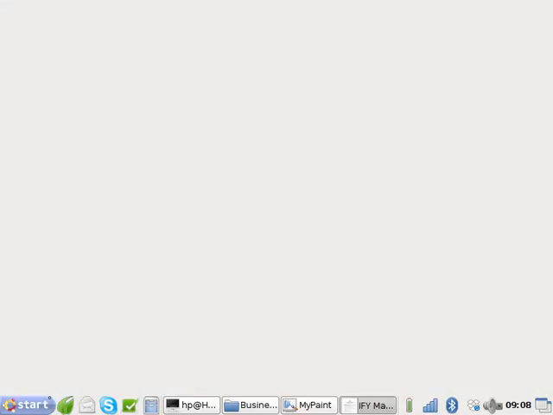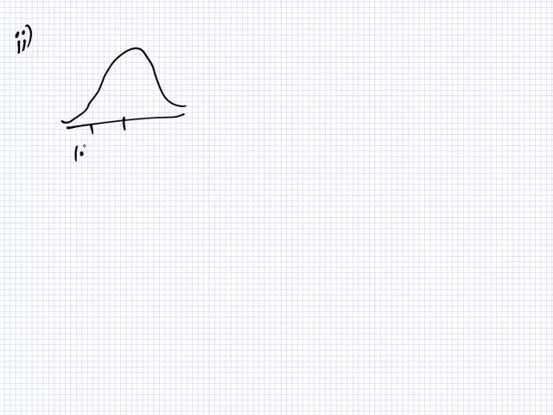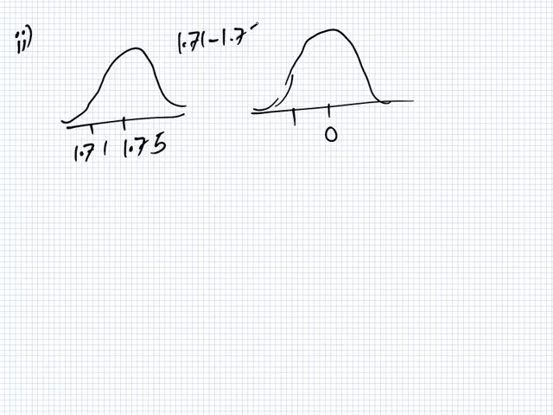Yeah. 1.71, 1.75, Z transform, this is 0, and we'll have to work it out. 1.71 minus 1.75 over 0.2, so what's that? 0.04 over 0.2, which is minus 0.2.